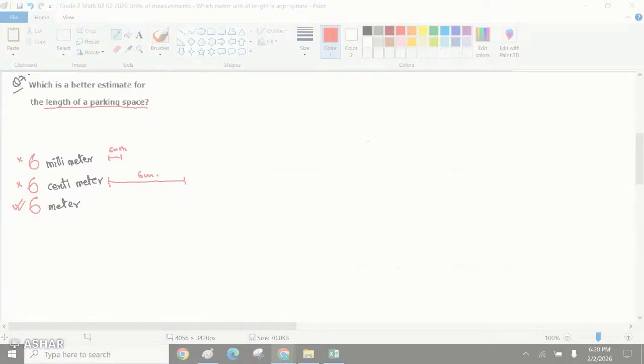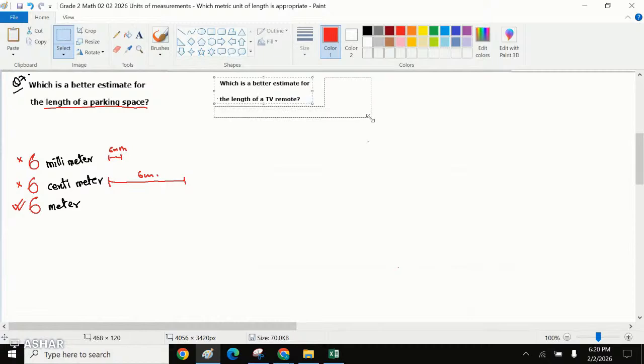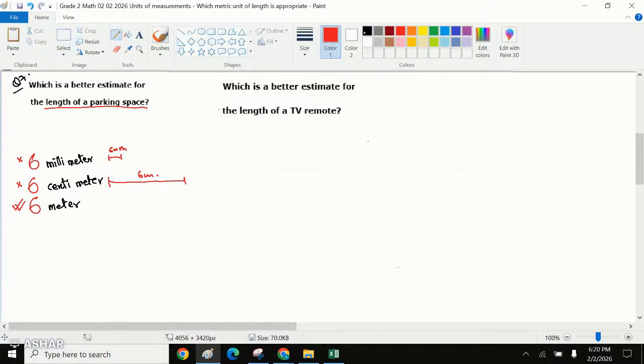See, we can have different sizes of TV, right? A television can have multiple sizes, but the remote has almost a constant length. They would have a similar length, right? A TV remote. So let's see. For question number 8, which is a better estimate for the length of a TV remote?